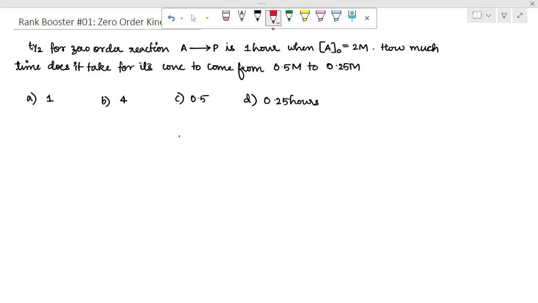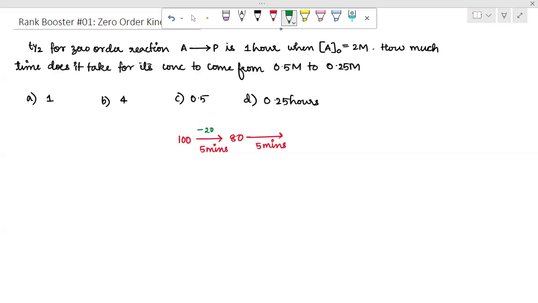For example, let's say that we start with 100 molar concentration of the reactant and it is reduced to 80 in 5 minutes. This is just a hypothetical reaction so that you understand. In the next 5 minutes of the same zero order reaction, the same amount of reactant is reduced. Here it has reduced from 100 to 80, that means minus 20 units lost.